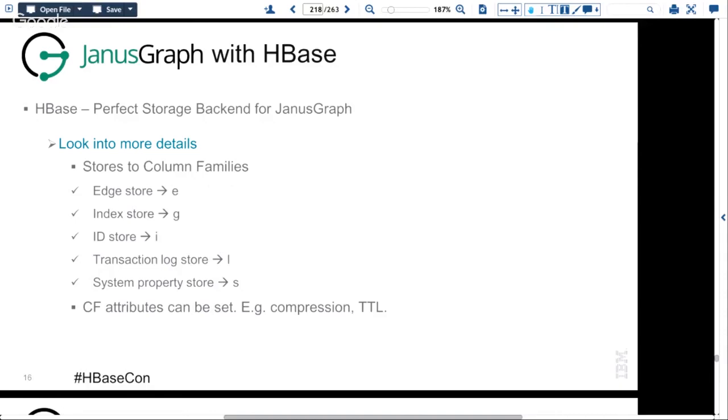So the edge store is the one that we were looking at, and also an index store. JanusGraph stores certain types of indexes inside HBase. Some of the indexes utilize the external search backend, but some of the built-in indexes are stored in HBase, which is part of the column family, the index store.